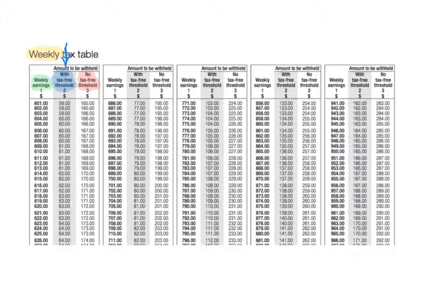So we need to find out for Steve how much on $950. We look through the table till we find $950, and then we need to see how much tax should be withheld each week from his pay period. We do that by looking at the second column. Based on a $950 weekly payment, Steve's employer should be taking out $165 per week.